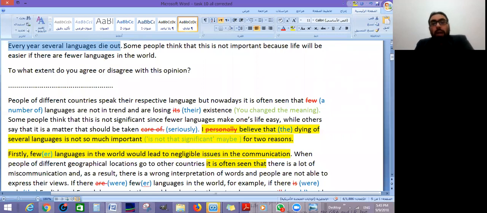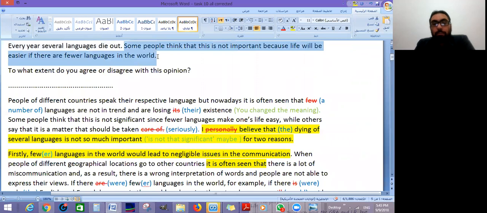Now, here what we have is an opinion. The opinion is some people think that it's not important. What is not important? That languages are dying out. Why? Because life will be easier if there are fewer languages in the world.